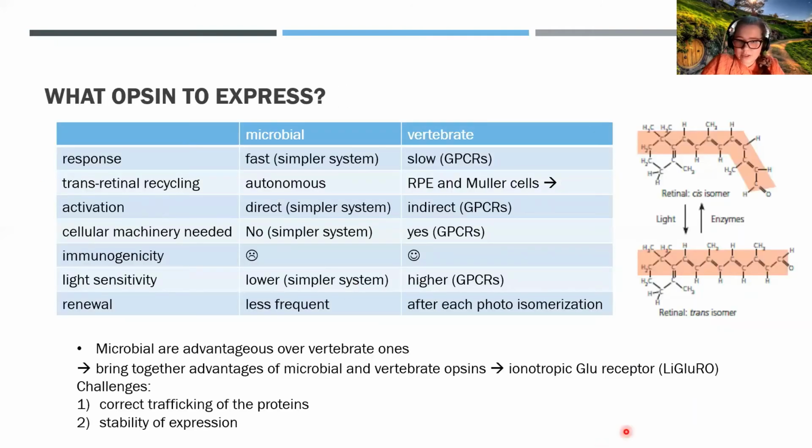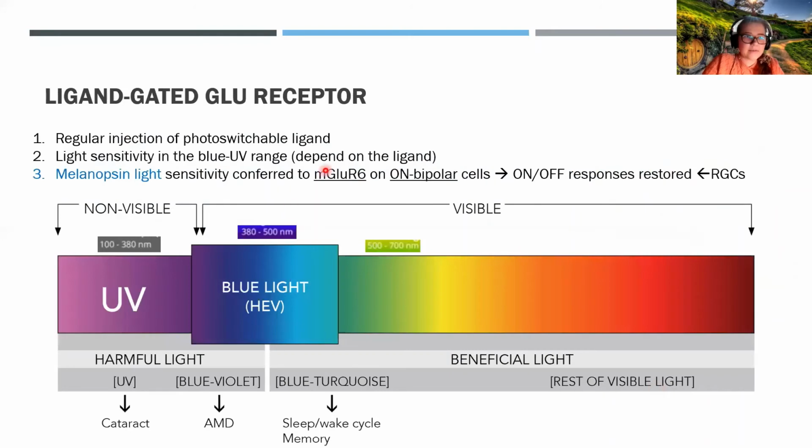So this was ionotropic glutamate receptor, and the story is exactly about this. So also regular injection of the ligand of this receptor is needed.